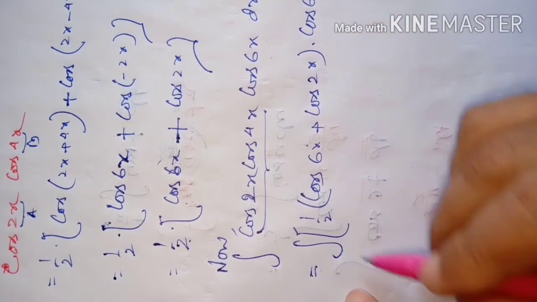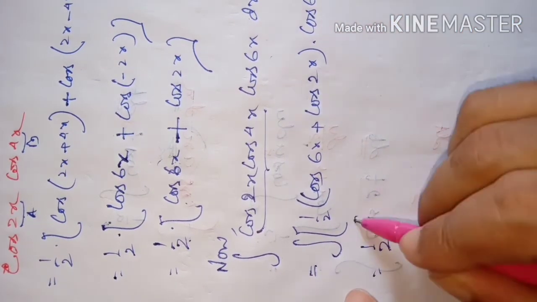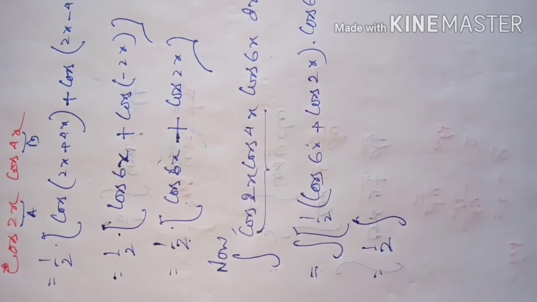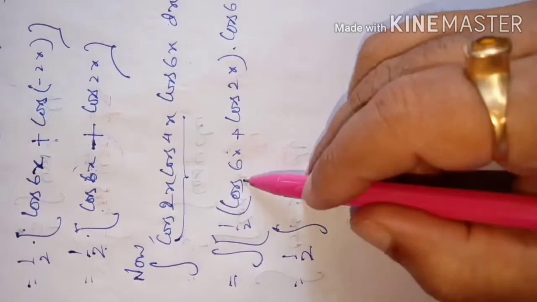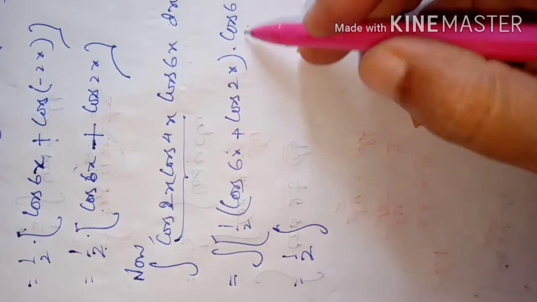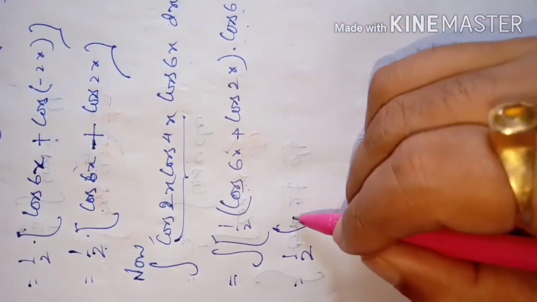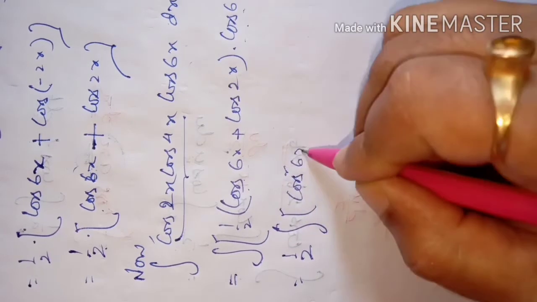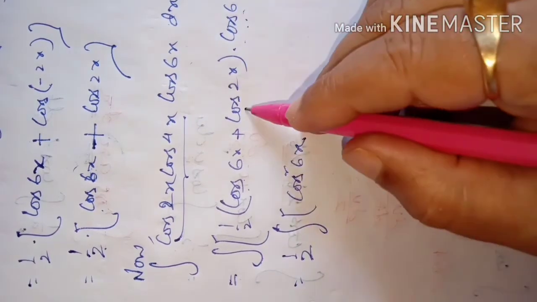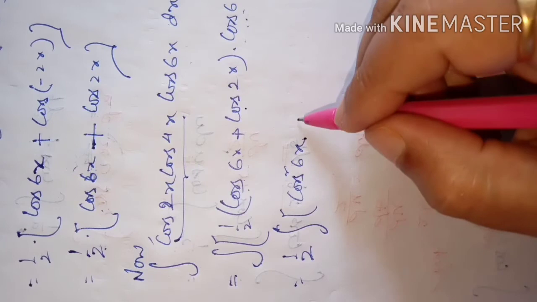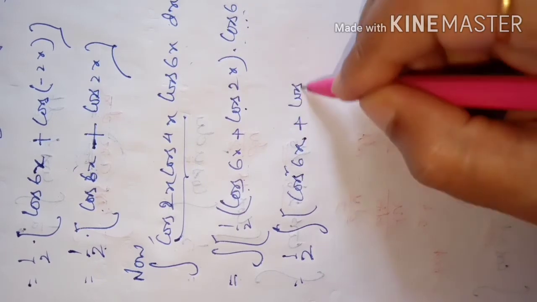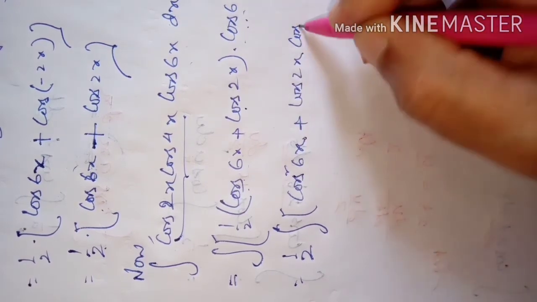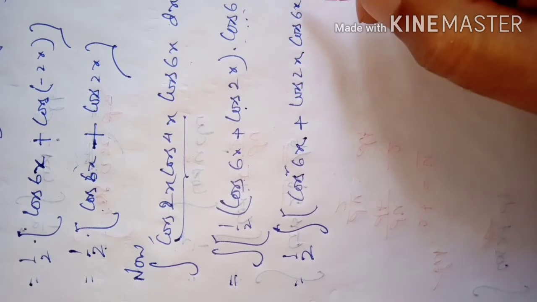This half can be kept aside as a coefficient, half into cos 6x into cos 6x, that is cos square 6x, then cos 6x into this one, you will get cos 2x cos 6x, then bracket close dx.